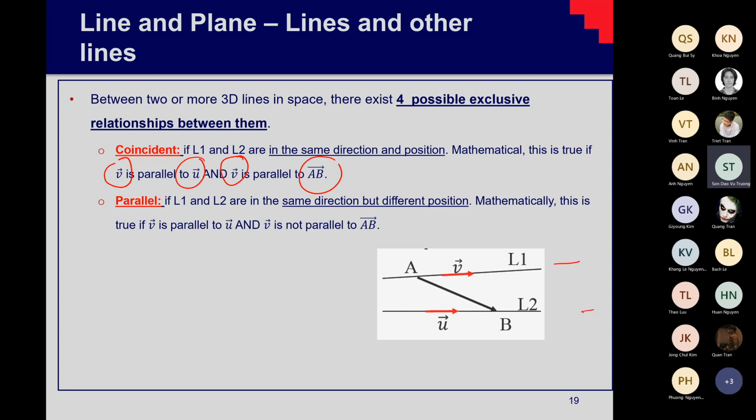Next, we have parallel, if L1 and L2 are in the same direction but different positions. This is true if vector v is parallel to vector u and vector v is not parallel to vector AB. So this is the AB vector here. Coincident means the two lines overlap everywhere; parallel means two lines will never meet, basically, because they are parallel.